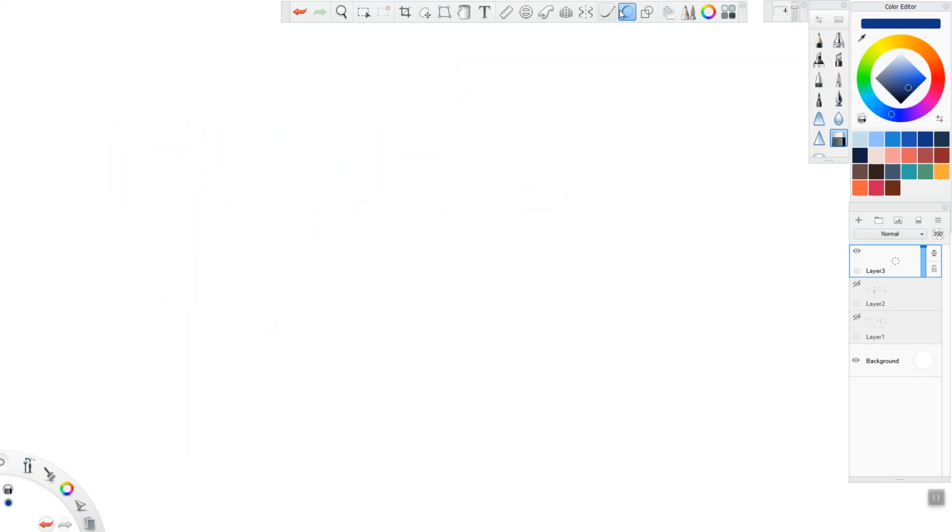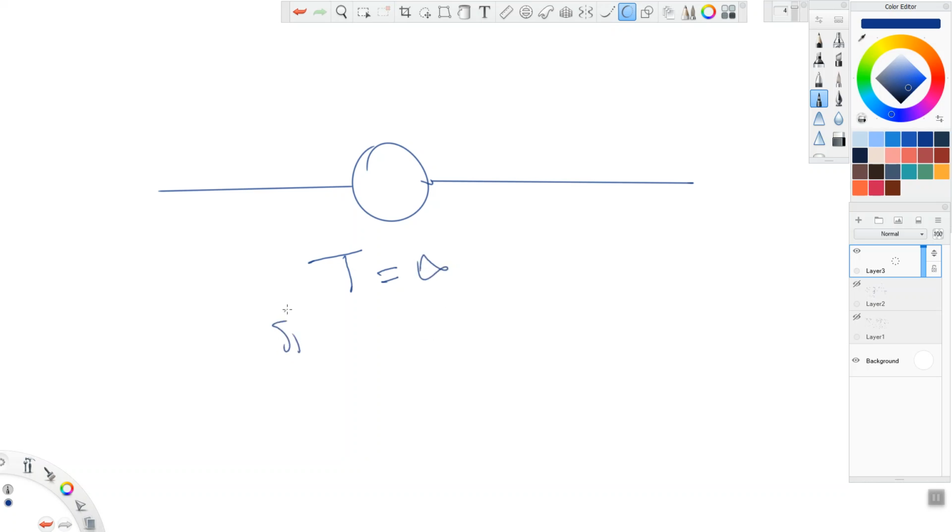If I took my object and tried to hold it perfectly horizontal by two strings, the tension in both strings would have to read infinite. And that's because the sine of theta, where theta equals 0, is zero, so the tension is undefined.